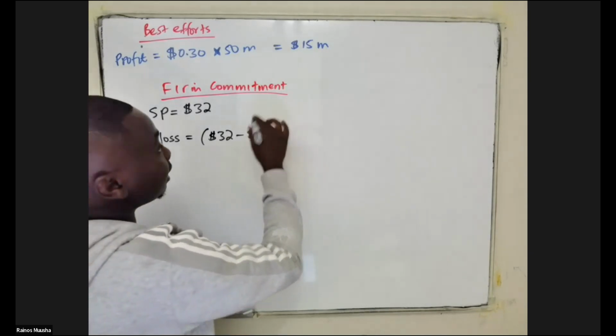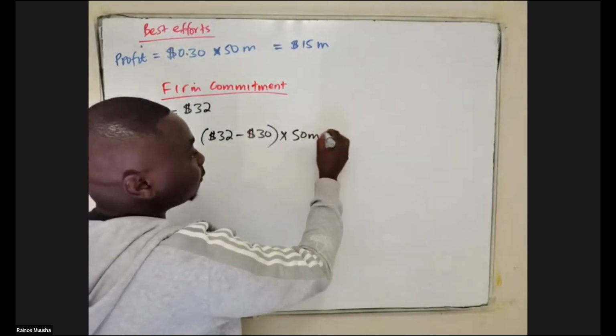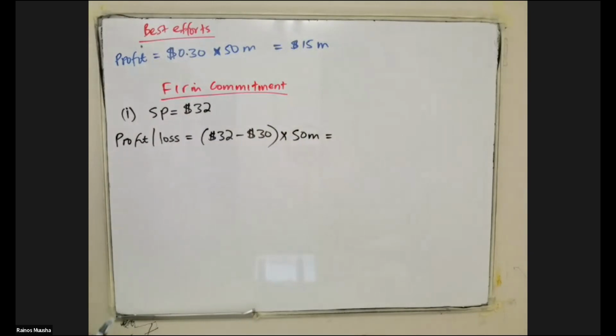And they're going to be selling 50 million shares in the market. So in this case, how much profit are they going to make?